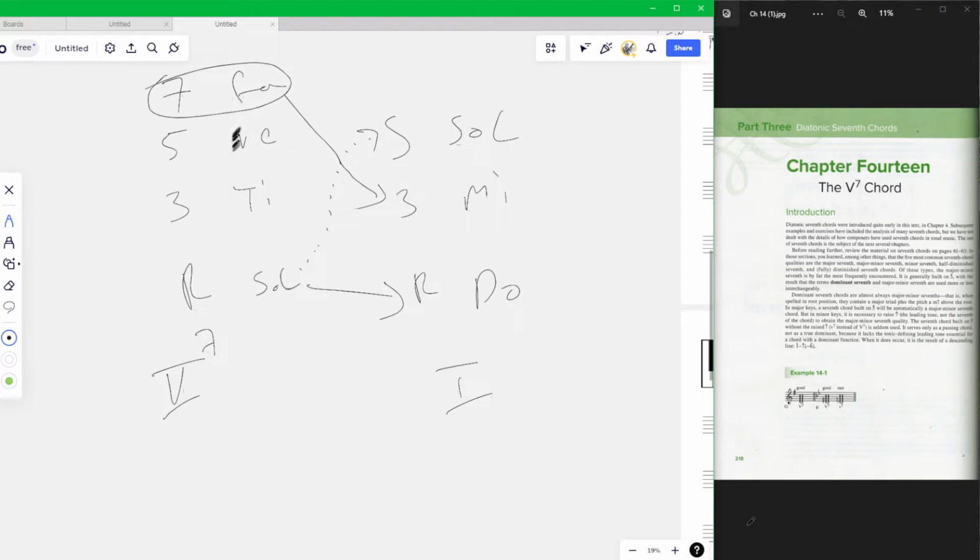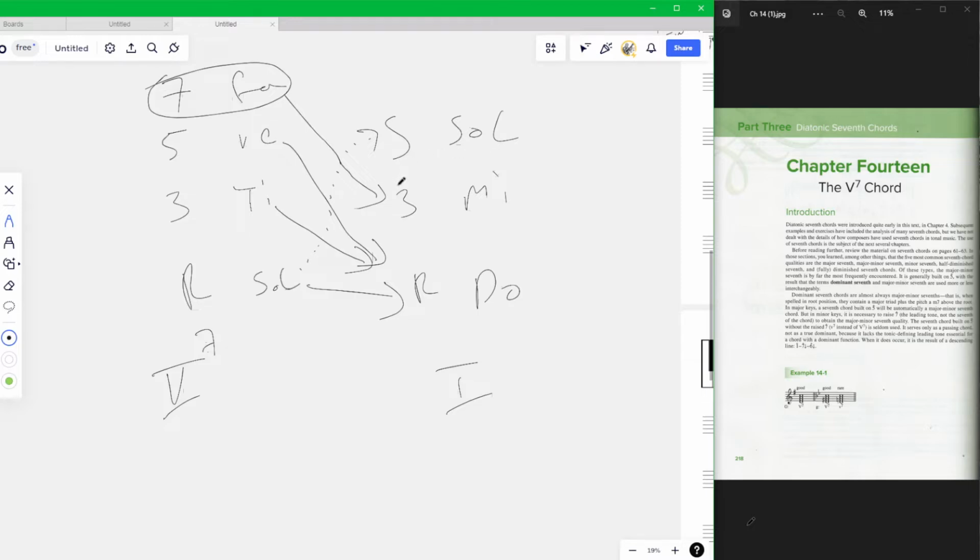Okay, that leaves us, so we have Sol and Fa, we know where they're going. That leaves us with Ti and Re. Okay, remember this. Ti goes to Do, Re goes to Do. What about Sol? There's no room for it.